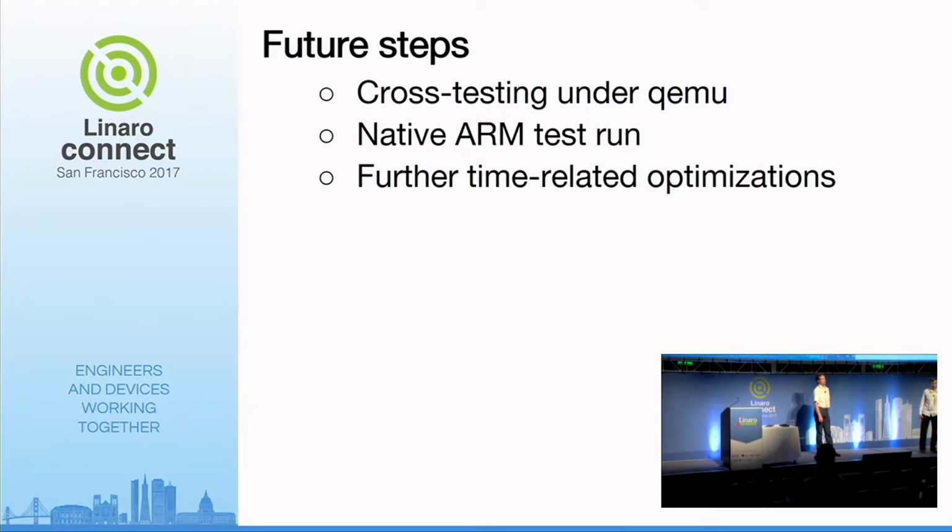There are plans by Travis and several other companies to enable Travis with a native ARM service. And we are working on further optimizations, further reducing build time, because even 2 hours is too much to wait. You cannot do that really continuously, you have to wait. So we are working on that.